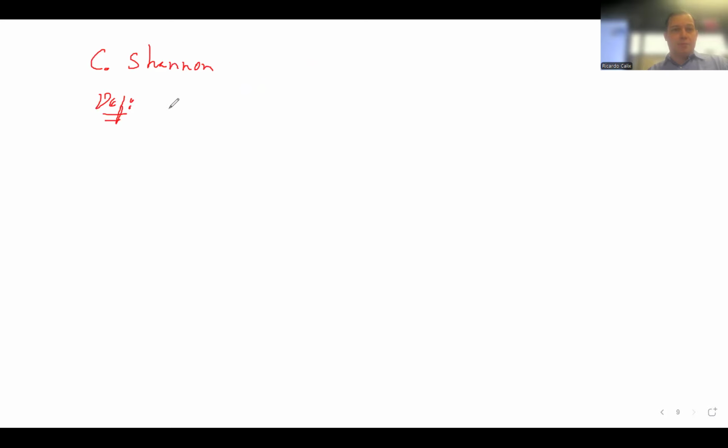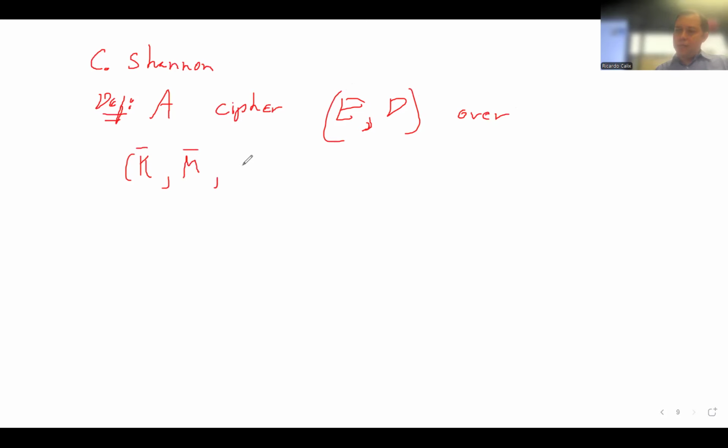A cipher (E, D), remember it's a pair of algorithms, over the key set, the message set, and the cipher set, meaning all possible keys, all possible messages, all possible ciphers, has perfect secrecy if the following happens.